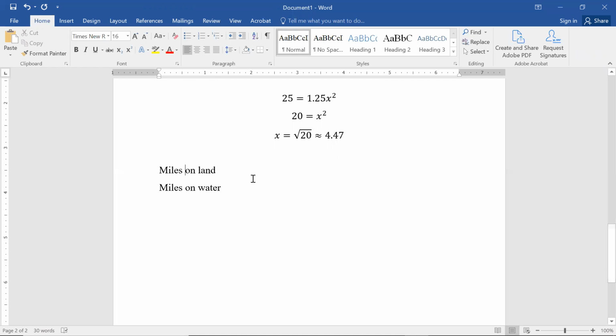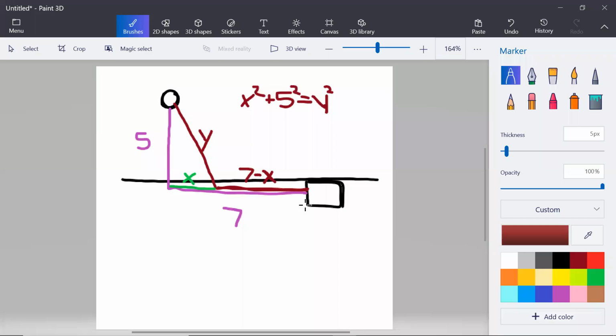Let's check out the land mileage. We just found this x. Therefore, if you're running your cable on land, you take that 4.47 that you just found, plug it in for x. 7 minus 4.47 would give you 2.53.